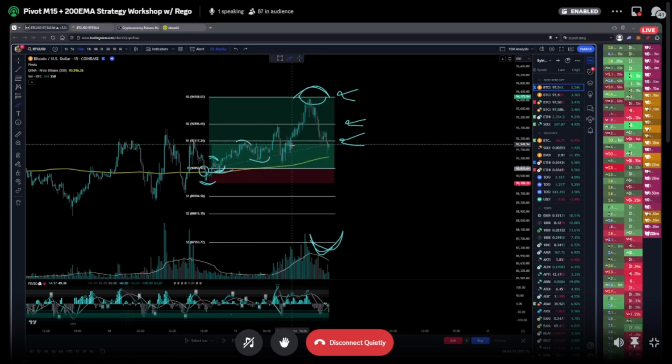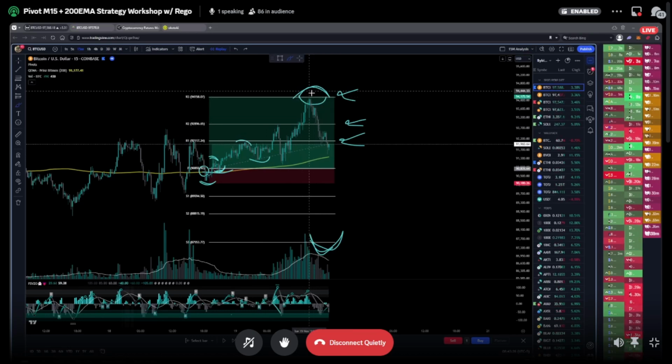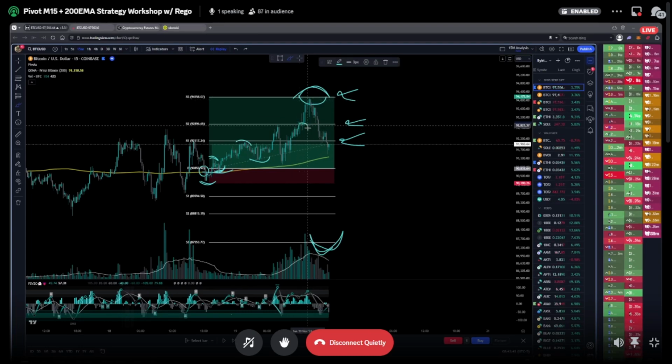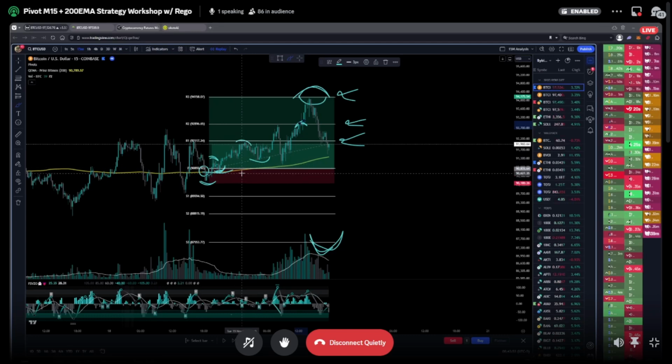what is my best way to extract from this entire price chart, knowing that I can't possibly determine if R3 will be hit today, knowing that I can't possibly determine if R2 will be as far as we go, and knowing that I can't possibly determine if R1 is all we go? I'm assuming that price moves off the pivot plus 200 EMA. That's my original thesis, my original conviction for taking the trade.